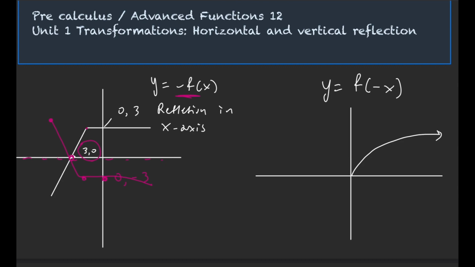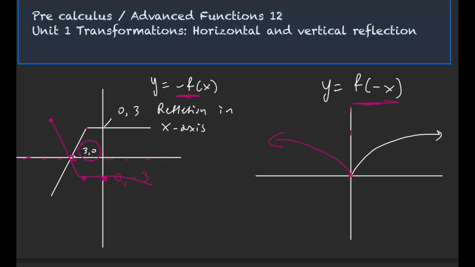But now let's think about what would happen if it's a reflection in the y-axis. So it's f of negative x. So this would mean that all of the x values get flipped. So this would now look like this.